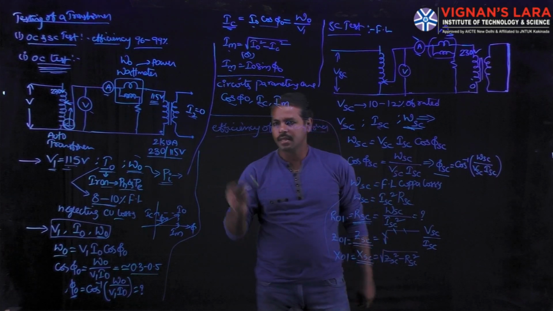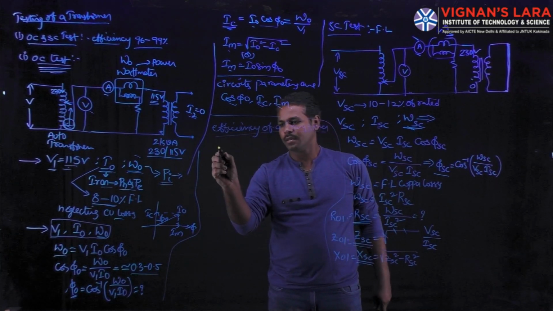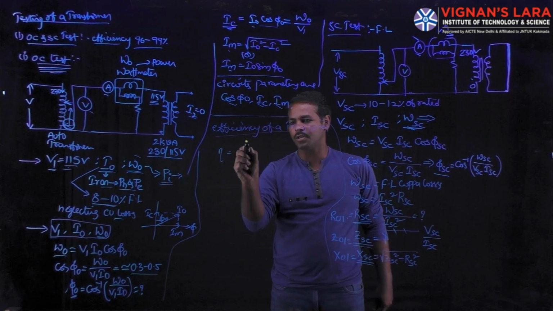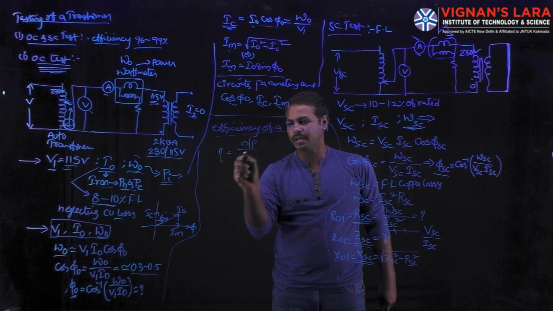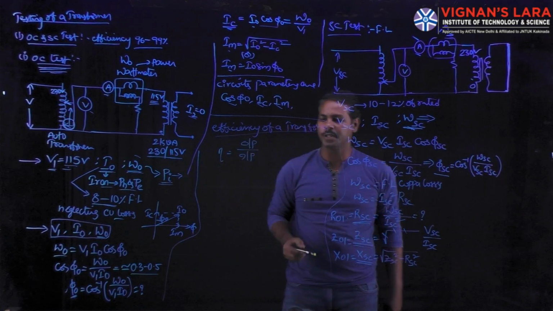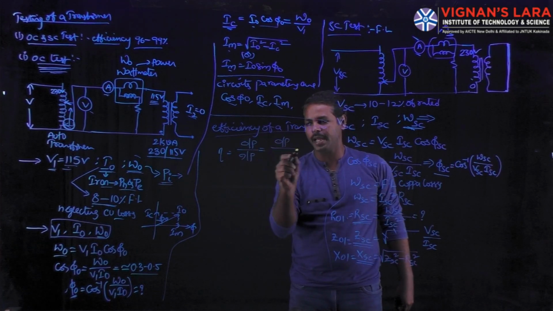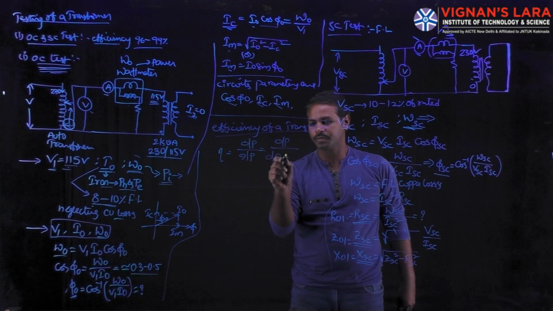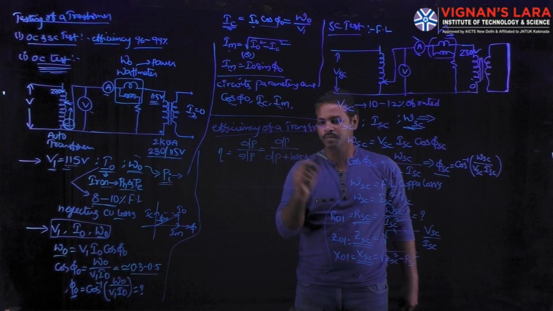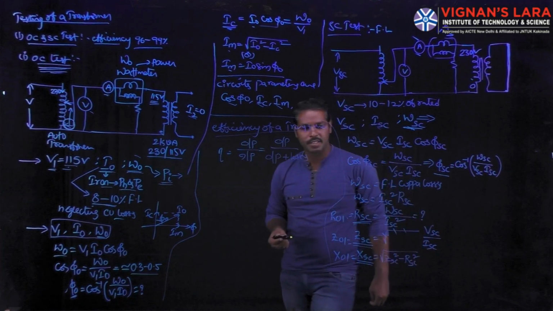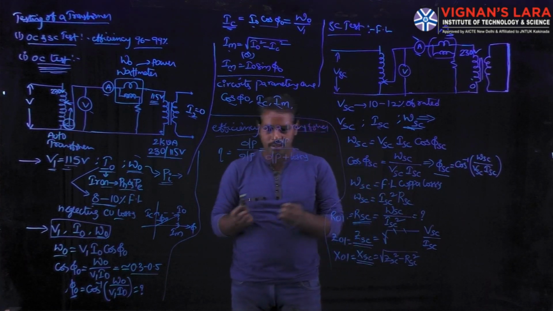Efficiency of a transformer is equal to output divided by input, which is equal to output divided by output plus losses. The total loss in a transformer is iron losses plus copper losses.